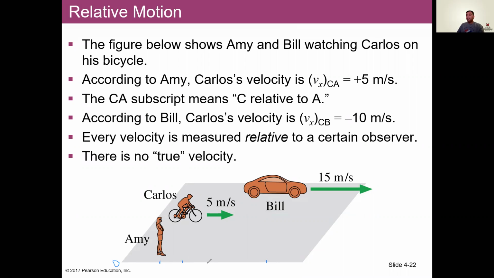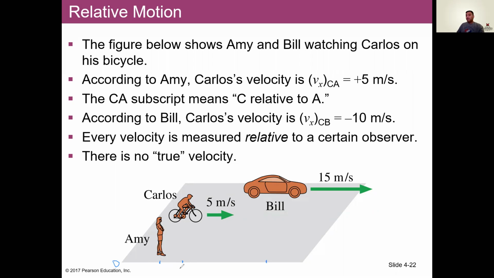And then you can use the initial and final positions to find out average velocities. Very simple, along the x-axis, of course. We are not even talking about anything along the y-axis. And it would simply tell you that Amy has a 0 average velocity because the initial position and the final position are the same.